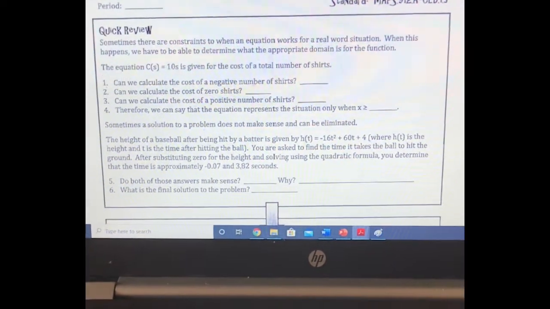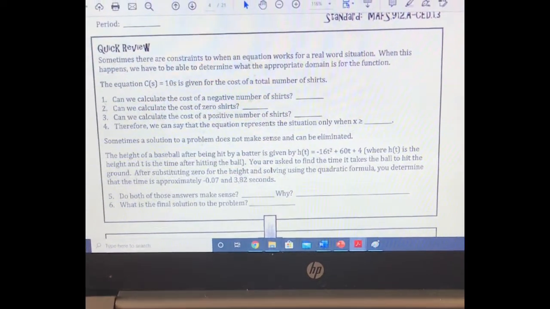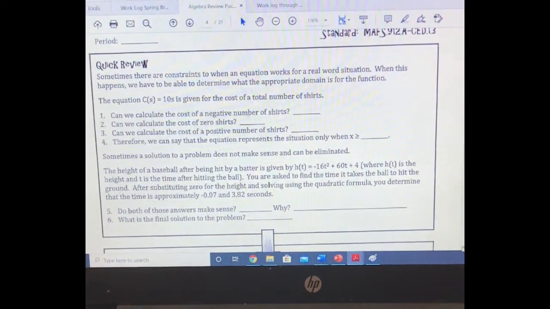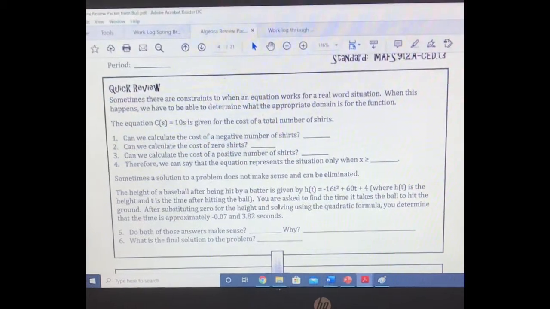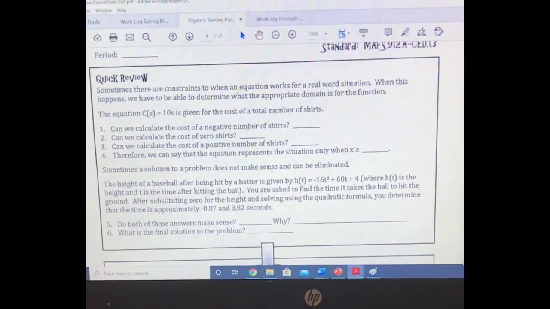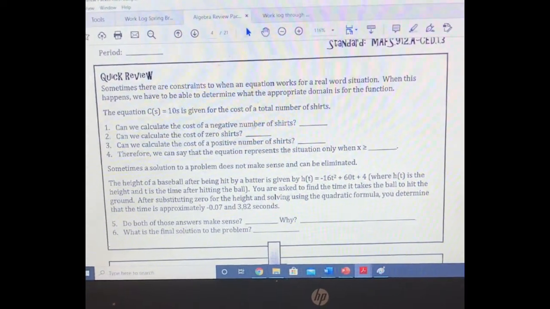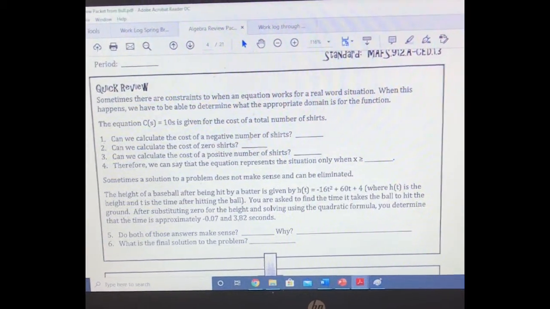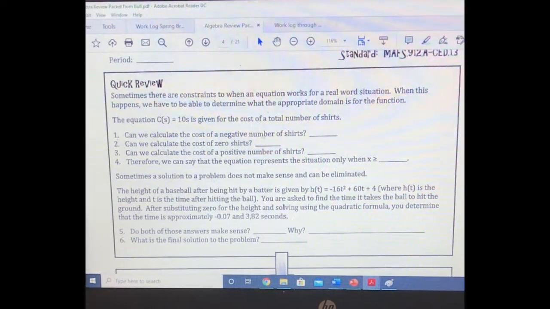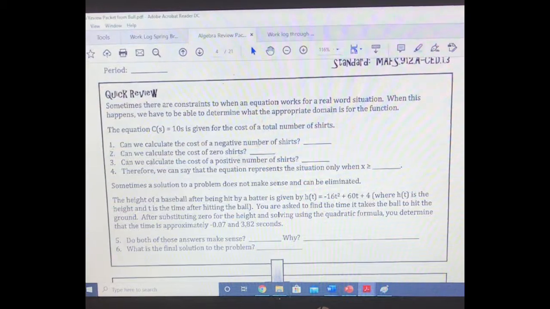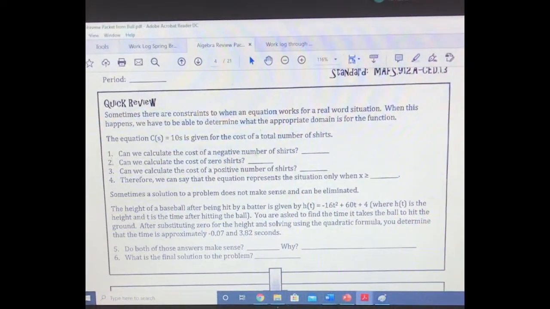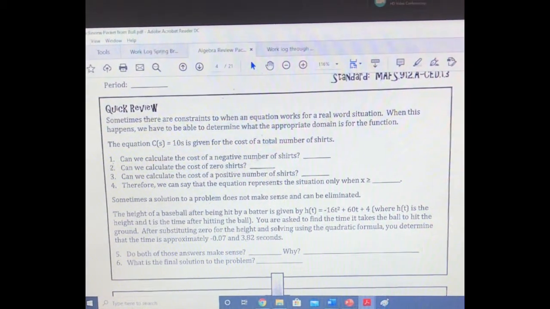Sometimes a solution to a problem does not make sense and can be eliminated. The height of a baseball after being hit by a batter is given by h(t) = -16t^2 + 60t + 4, where h(t) is the height and t is the time after hitting the ball. You are asked to find the time it takes the ball to hit the ground.